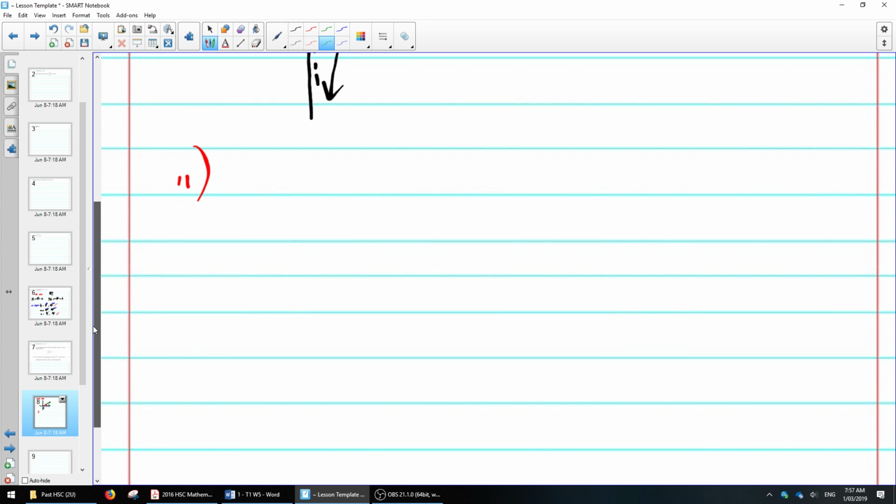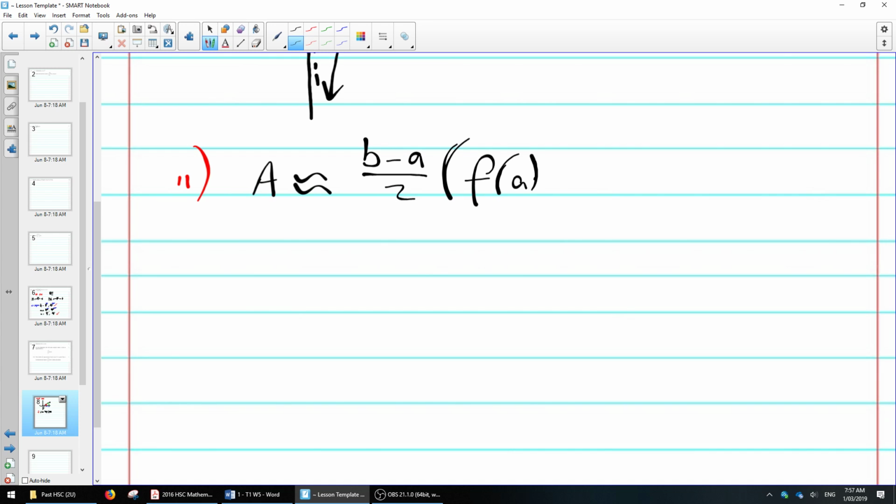one application in trapezoidal rule, if we just write the formula, the area is approximately equal to, let me just remind myself what it is, (b minus a) over 2 times f(a) plus f(b).